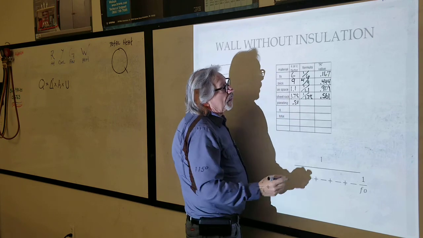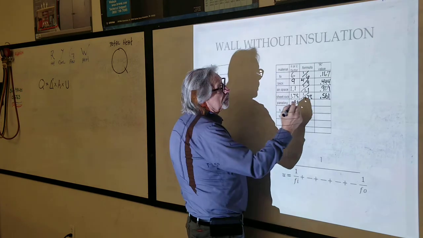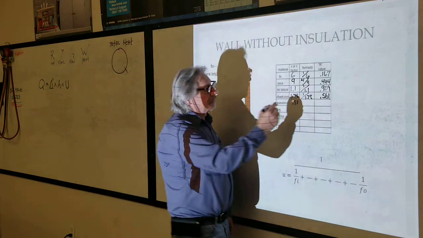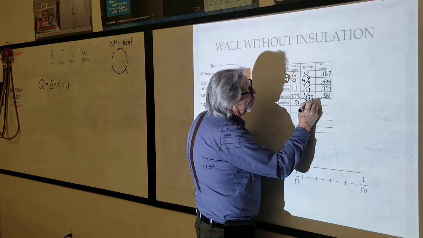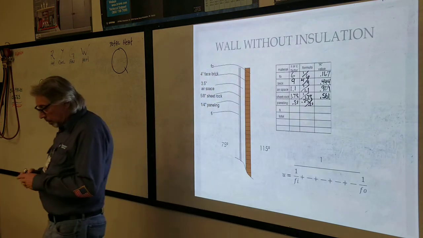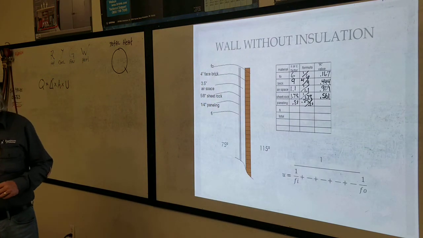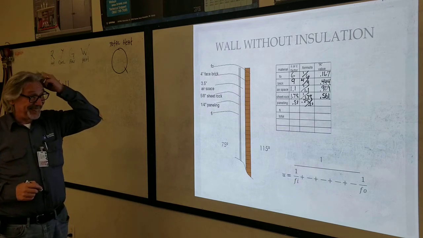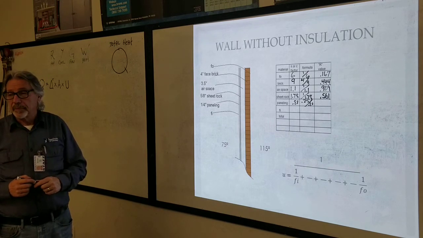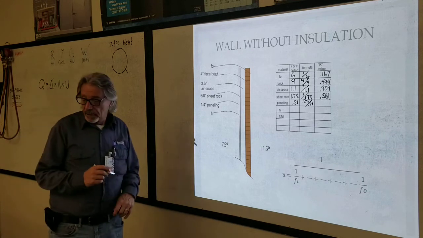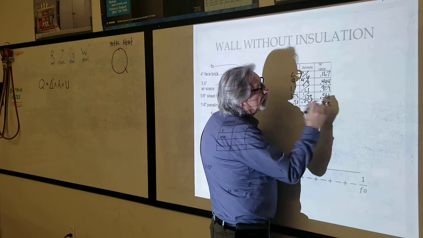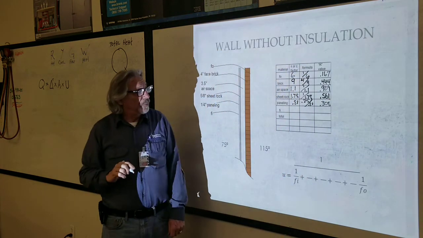And we have 1/4, so what's the decimal of a 1/4? 0.25 divided by 0.81. And that's gonna give us 0.308. Okay? We got one more.